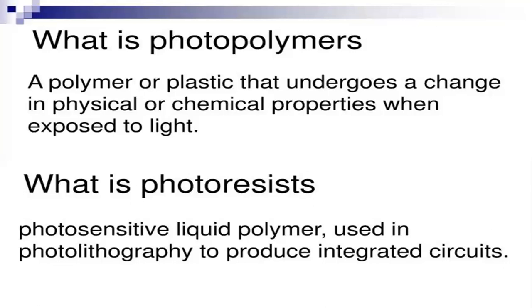In that product, some integrated circuits are available. How should they be developed and produced in that product? So I am using the photoresist. The liquid polymer resin should be converted into the integrated circuits of the photoresist. Okay, so that is photoresist.